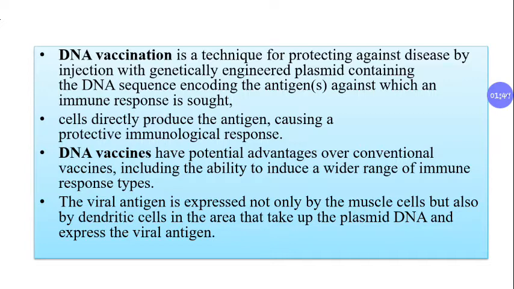The advantages of DNA vaccines over conventional vaccines include the ability to induce a wider range of response types. The viral antigen is expressed not only by the muscle cells but also by dendritic cells in the area that take up the plasmid DNA and express the viral antigen.